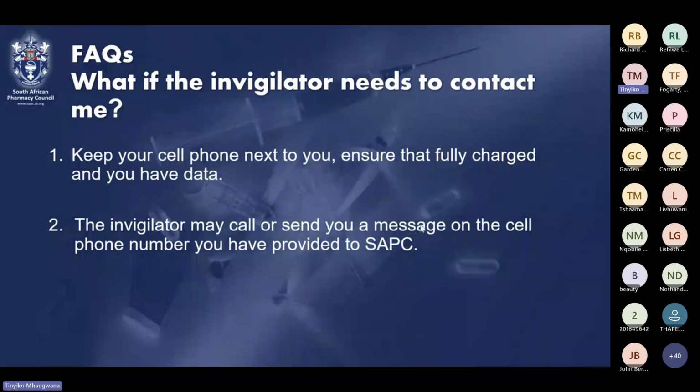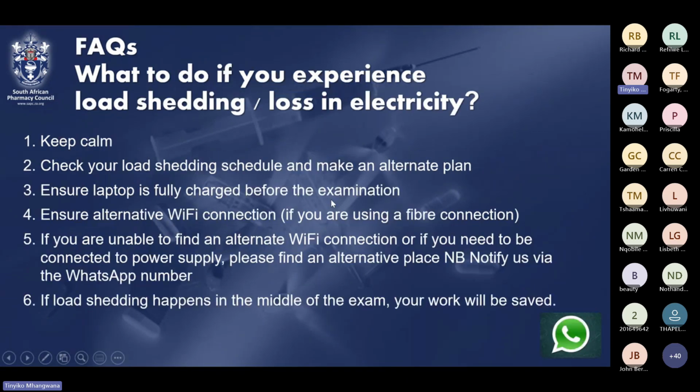And if the invigilator is seeing a violation from you from time to time, maybe they sense noise or they've seen somebody passing behind you, they will inform you and communicate to you to say you are violating this and that examination rule. So please refrain. Immediately respond, don't ignore.